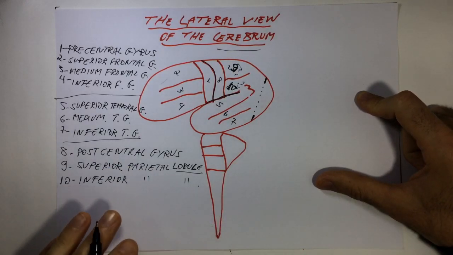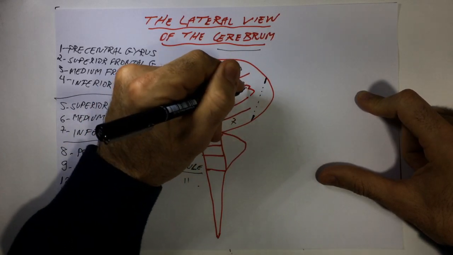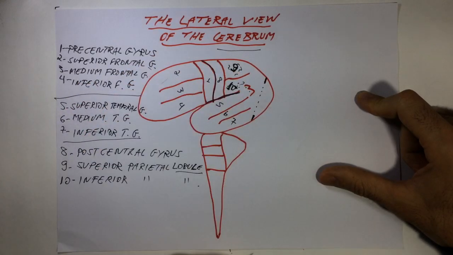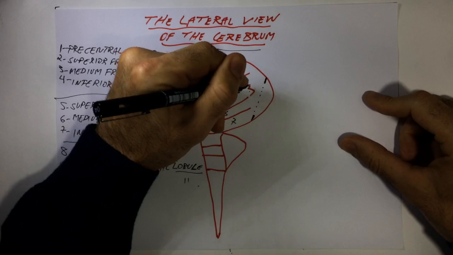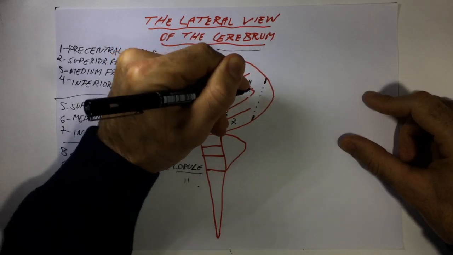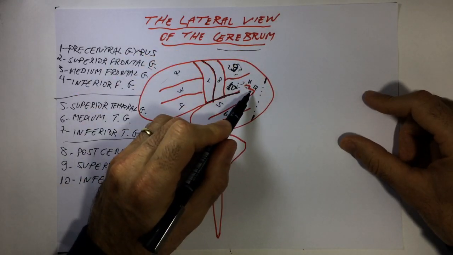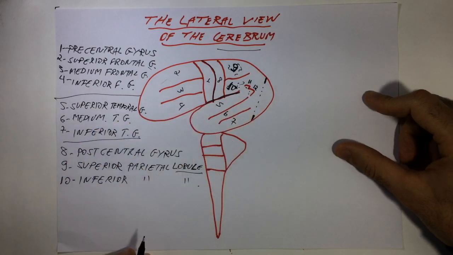And just for us to finish the description of the gyri, we have other two. So we have this one here and this one here. Other two gyri. So that's going to be 11 here, this structure here in the middle. And 12 here, inside this little line that I drew.